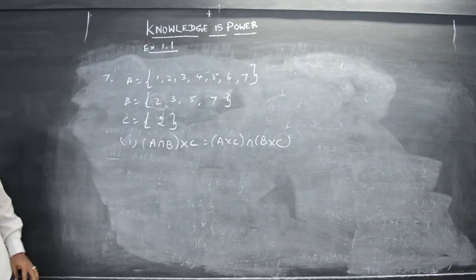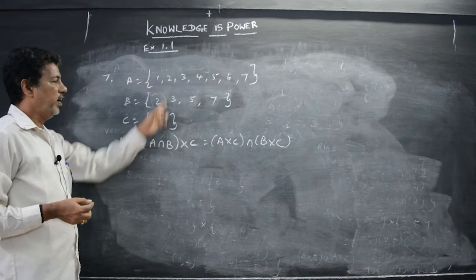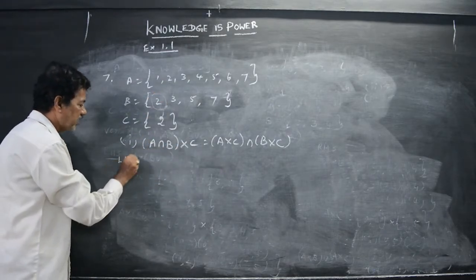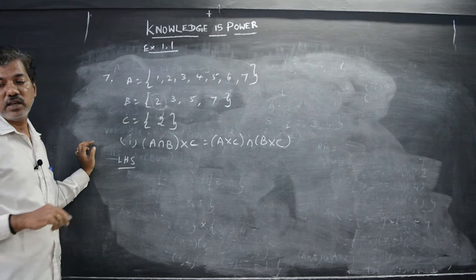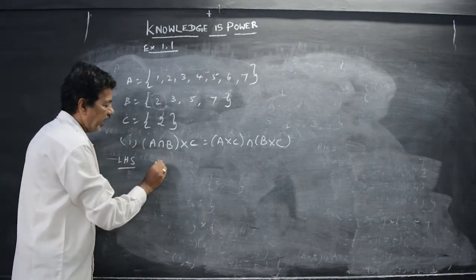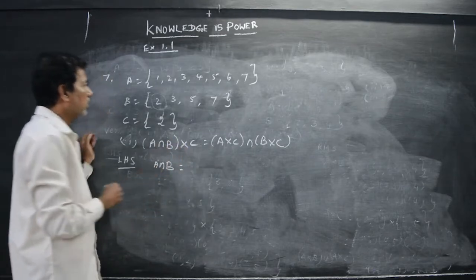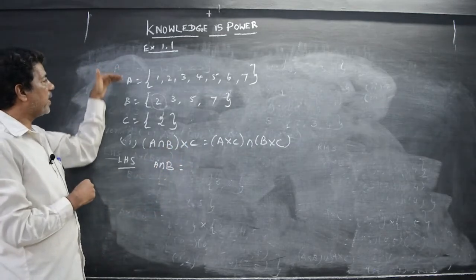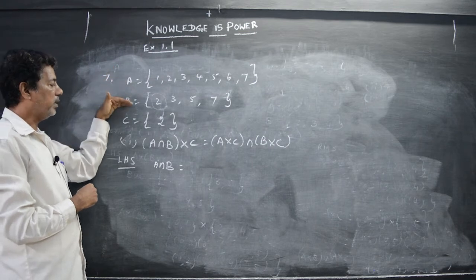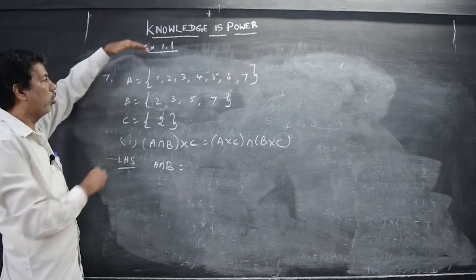Okay, so last in that exercise, first as usual, the left hand side. LHS means what they have given: A intersection B. The common elements present in A and B. So these are all the things we taught in 9th standard itself, so recall that.